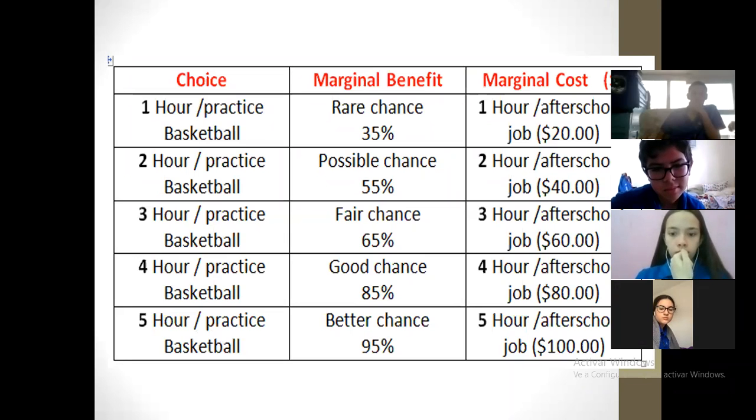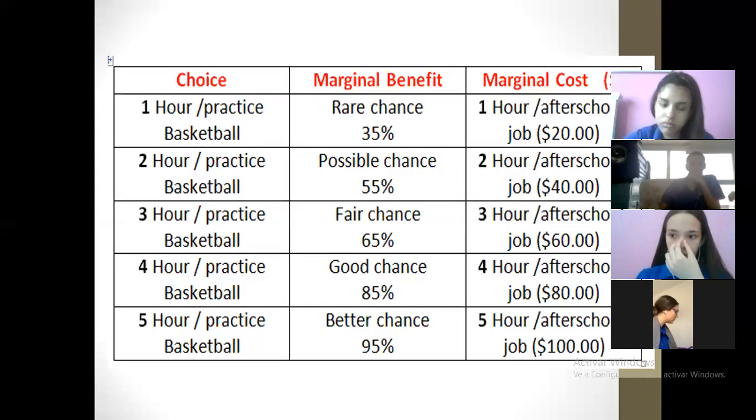I don't know, teacher. Who knows what his opportunity cost is going to be? Juan Carlos, do you know? He will lose the money, the 100.